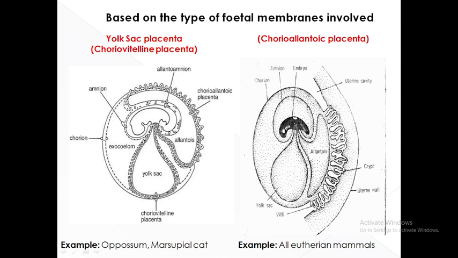In contrast, this type of placenta is called a choreo-allantois placenta. In this type, the finger-like projections are formed by the fusion of the allantois and the chorion. These finger-like projections are incorporated into the crypts or corrugations formed on the uterine wall.